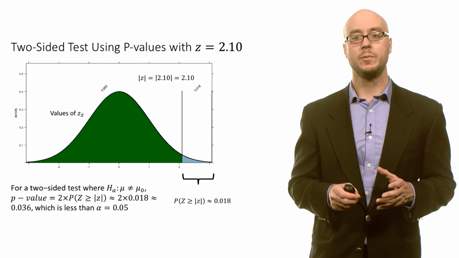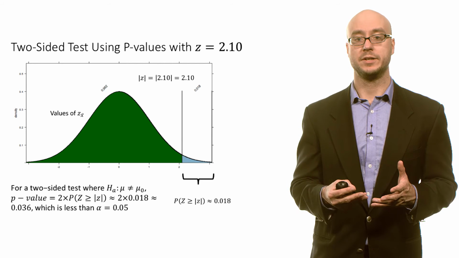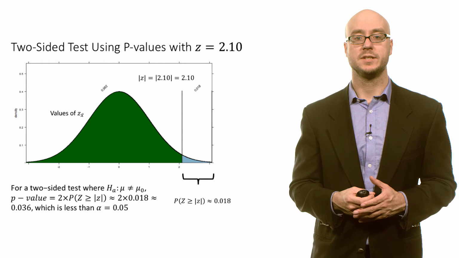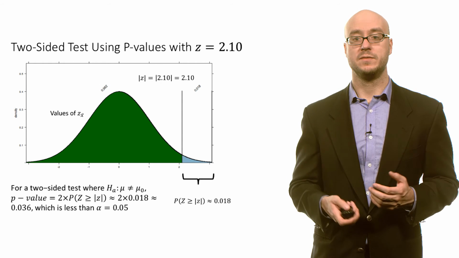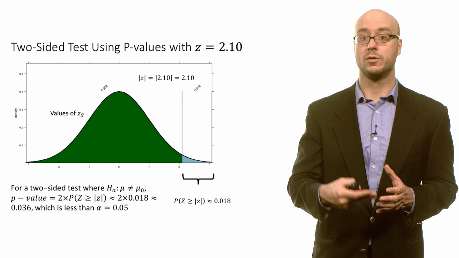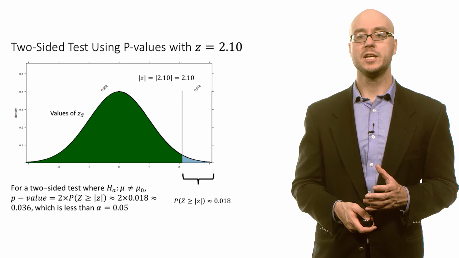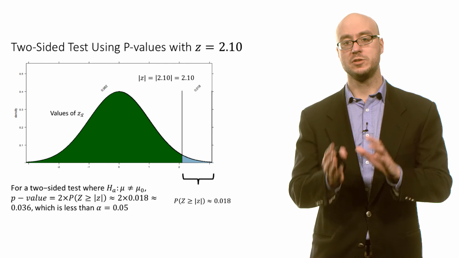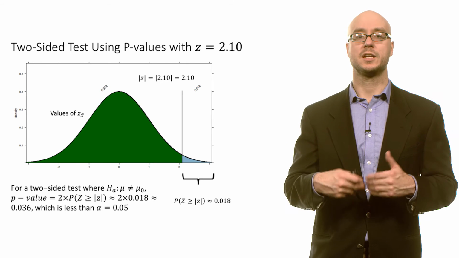All right, then what we can do is we multiply that by 2 because we're interested in extremely negative or extremely positive z-test statistics. And we have this p-value of 0.036, which is less than 0.05. And so we reject the null that the population mean is equal to 37 hours per week at the alpha 0.05 level. So we can use critical values or p-values to make a decision.